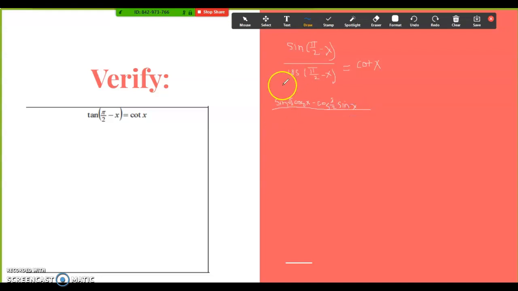I'm going to go to the denominator and do the same thing for cosine, using the cosine difference identity.